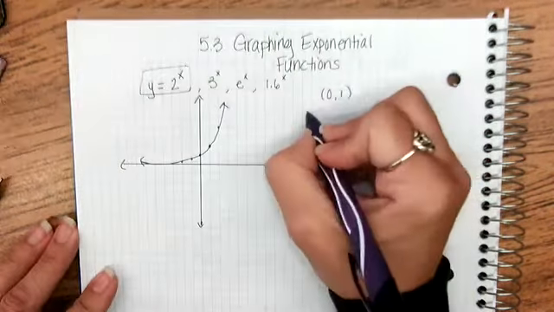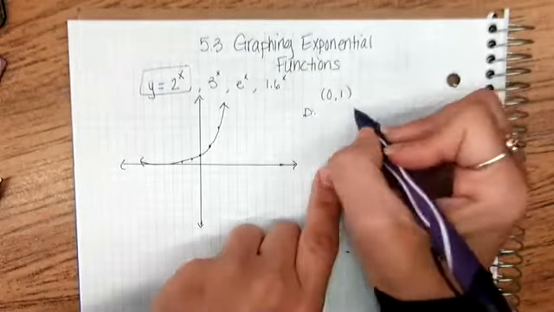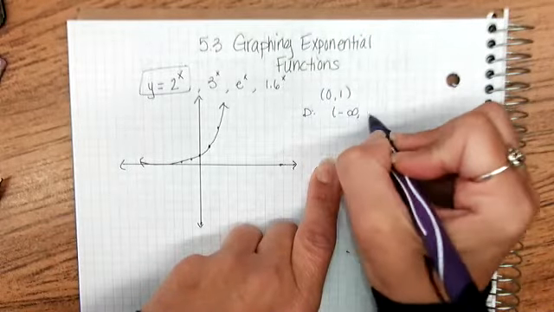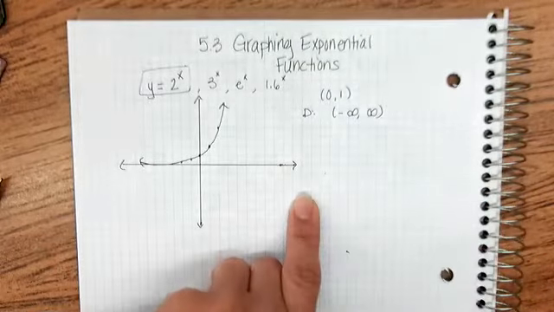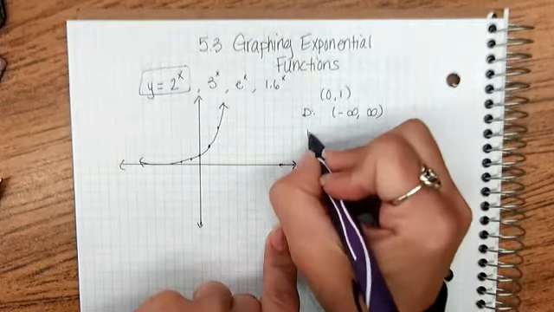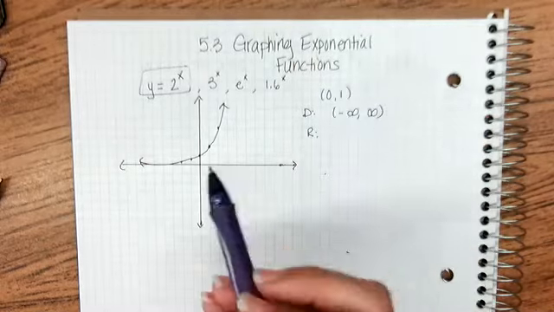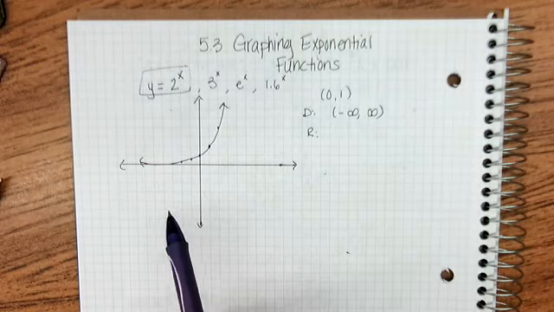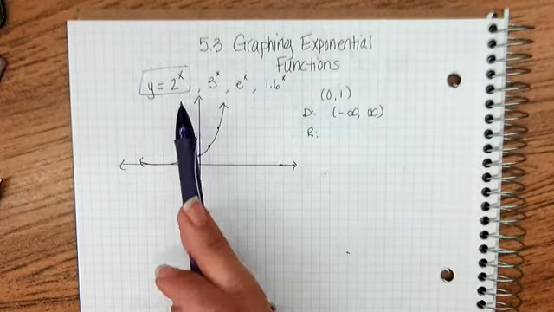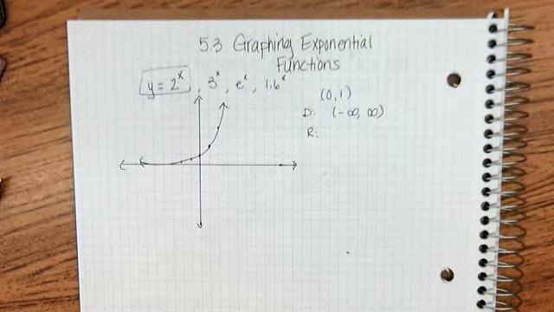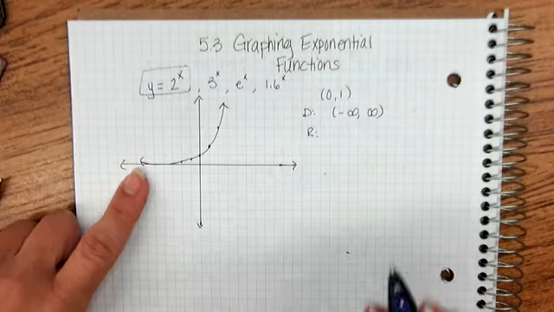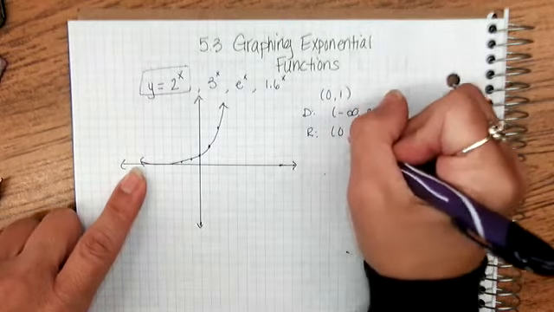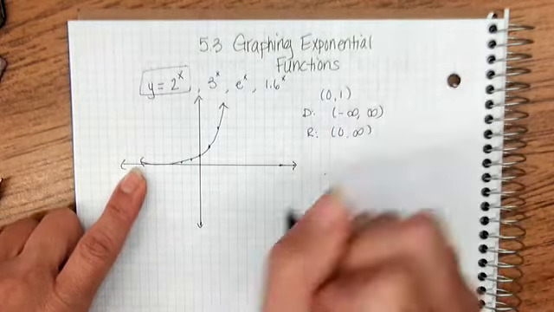All of these, the domain is all real numbers, also known as negative infinity to infinity. The range, it doesn't matter what you plug in for x, y is never going to be 0. There is no value that you can plug in for x that is going to make y 0. So the range is from 0 to infinity.